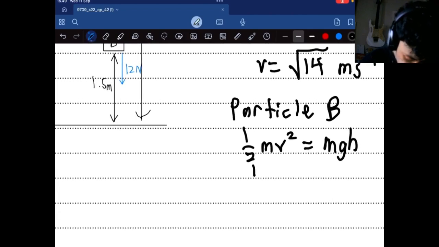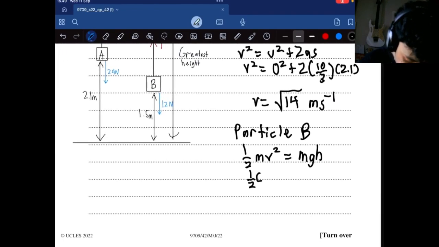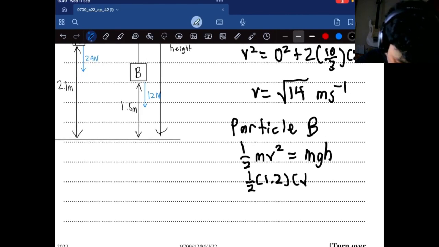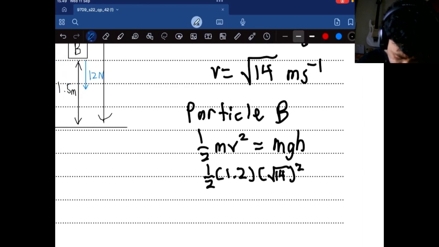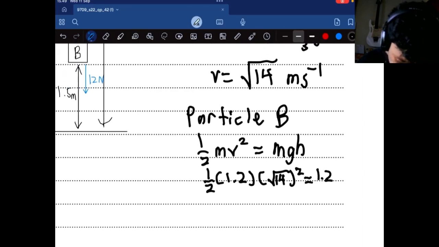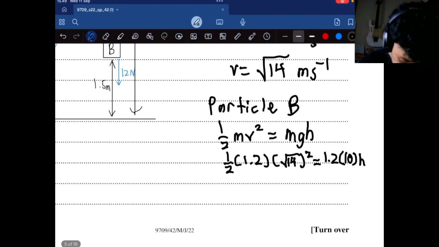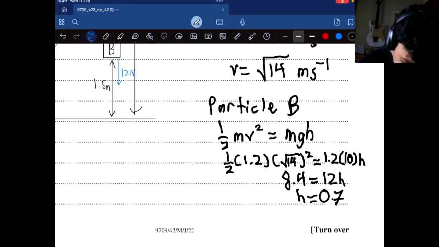Now we can just write half times the mass of particle B, which is 1.2, times the final speed, which is the same as particle A, so square root 14 squared, equals 1.2 times 10h. Now the reason the 10 is positive is because it's going upwards. So this will equal 8.4 equals 12h, and we can get h equals 0.7 meters.